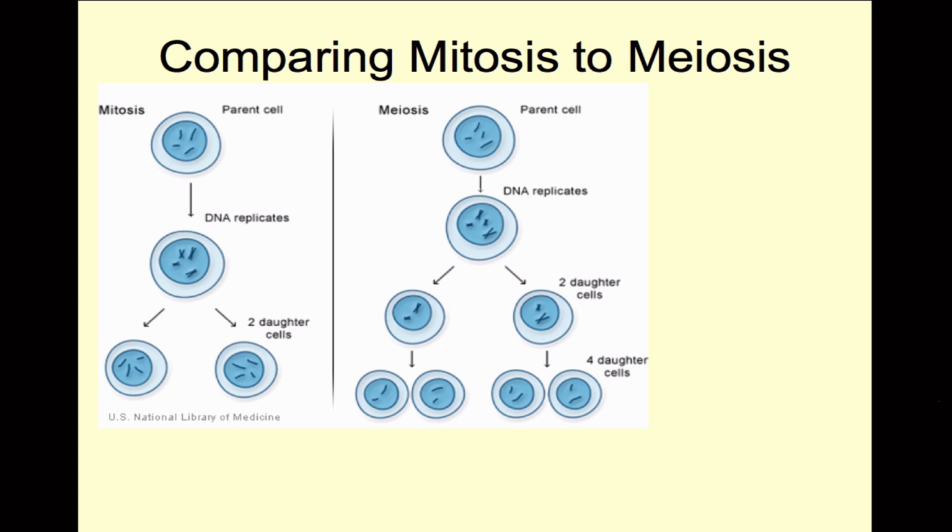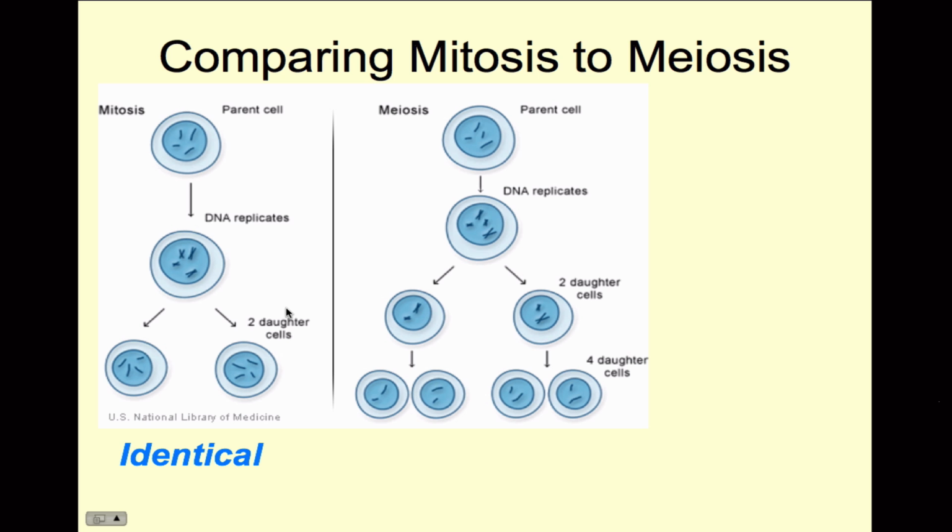Now, if we compare mitosis to meiosis, then we see some interesting things about this. Mitosis, we start off with a parent cell. In mitosis, this parent cell is 2N. Okay, that means it's diploid. The DNA replicates and produces 2 daughter cells, and those 2 daughter cells are identical to the parent cell.